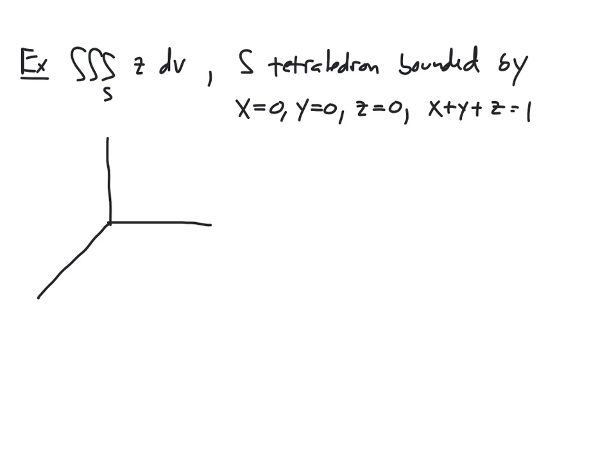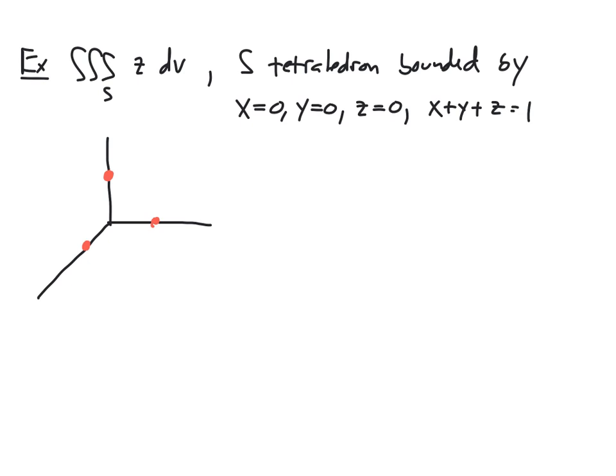And x plus y plus z equals 1 is the plane that intersects each of the three axes at the 1 unit mark. So these are the points (1, 0, 0), (0, 1, 0), and (0, 0, 1). We can see all three of those points are on this plane.